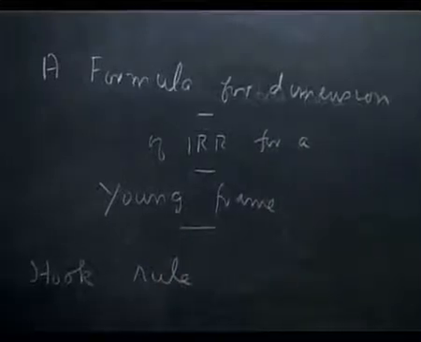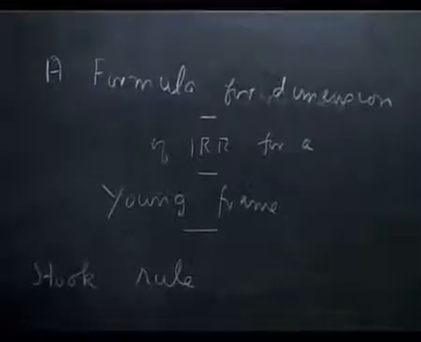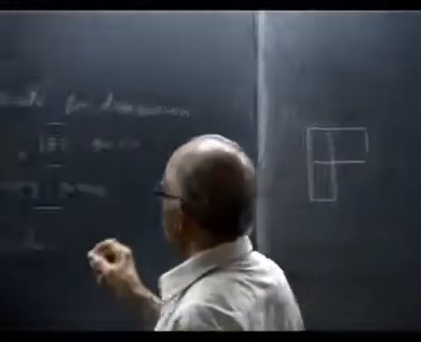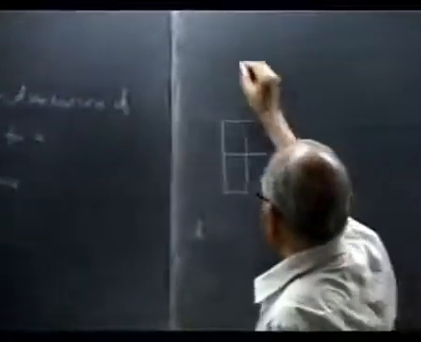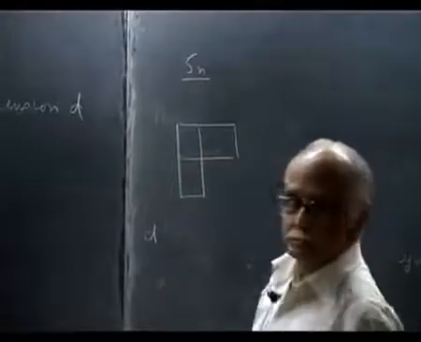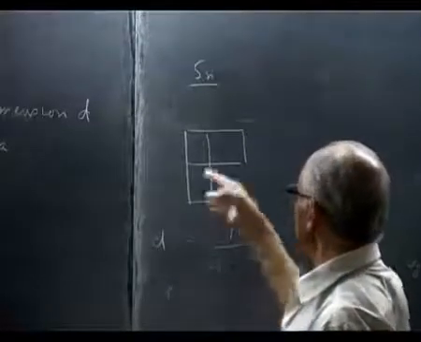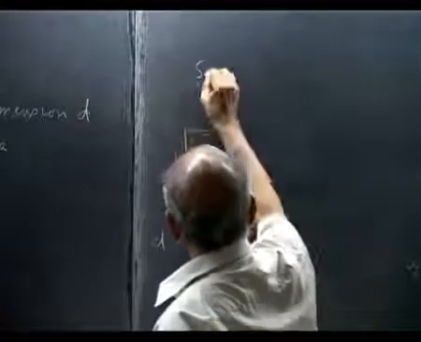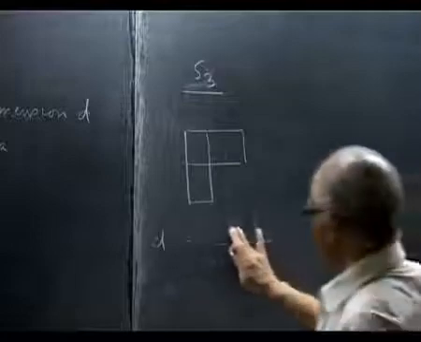You hook the diagram. I don't know how to write it, but suppose I have a diagram like this. So this is a dimension D for Sn. You write factorial n divided by the product of lengths of hooks. Here it is S3, because lambda 1 plus lambda 2 is 3, so you write factorial 3 on top.